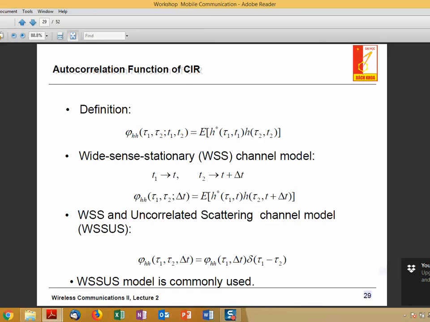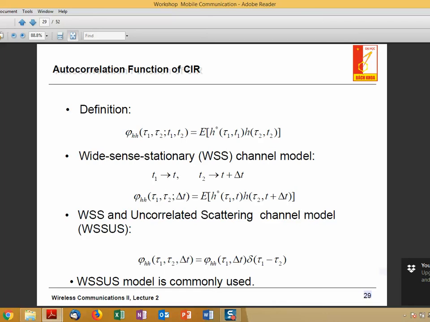In this channel model, we suppose that the parts of the channel are uncorrelated, which means they are statistically independent. So the direct part and the reflection part are not related to each other. They are totally different and independent. That is what uncorrelated channel means.